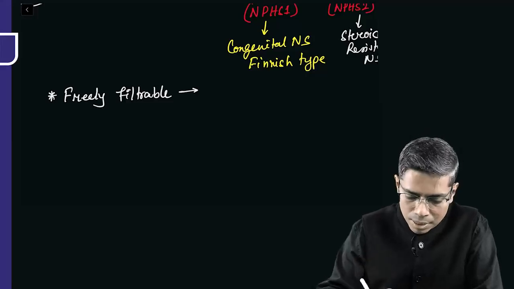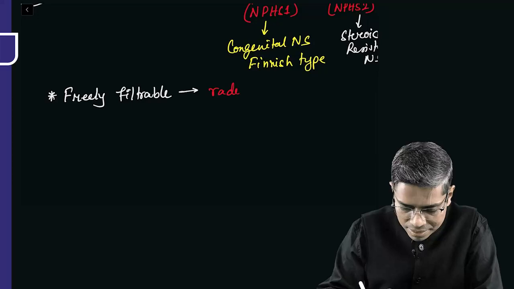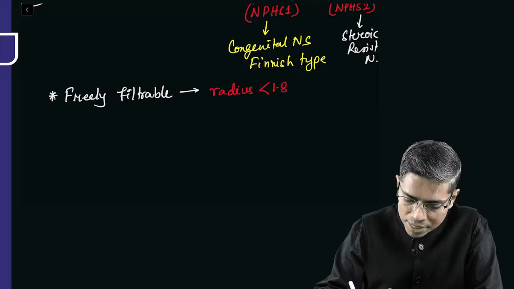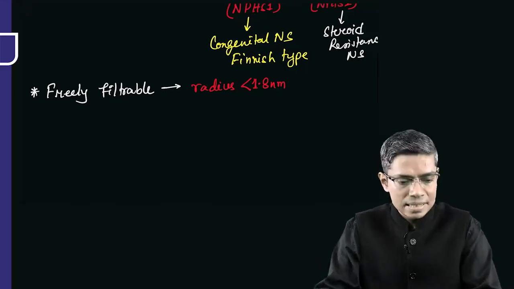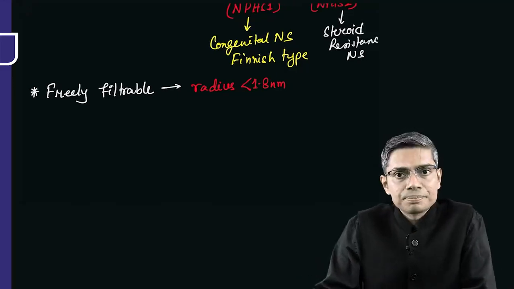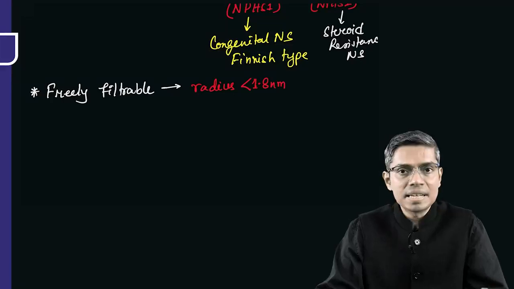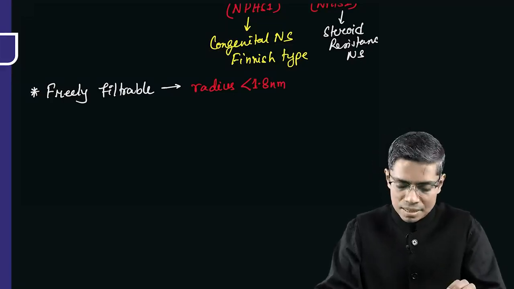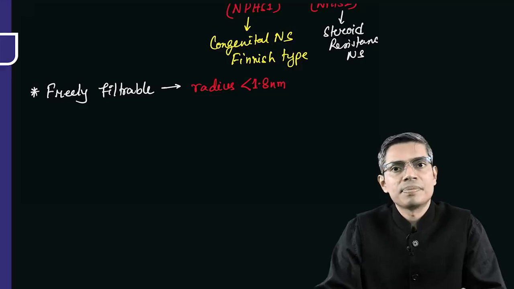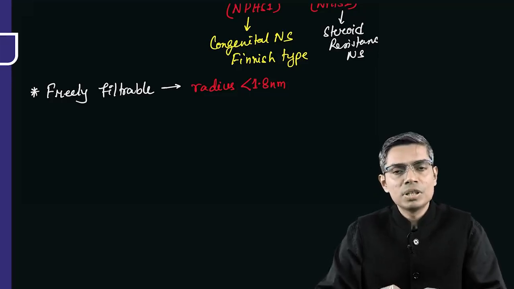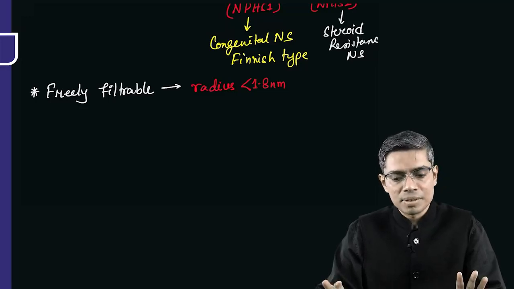If the molecular radius is less than 1.8 nanometer, please remember, I am talking about radius. If I am saying it in diameter, then you have to double it. Okay, 1.8 nanometer is the radius. If the radius of the substance is less than 1.8 nanometer, then this substance is freely filtrable without any hindrance, without any problem at the level of the glomerular filtration barrier.